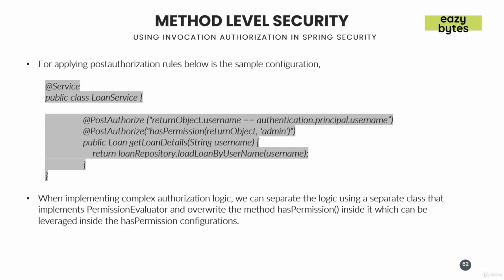Whenever you use has permission, the logic that you have written inside your permission evaluator implementation class will be executed to decide whether the given person or client is authorized to invoke that method, or is authorized to get the results from the method, whenever you use pre-authorized and post-authorized annotations.